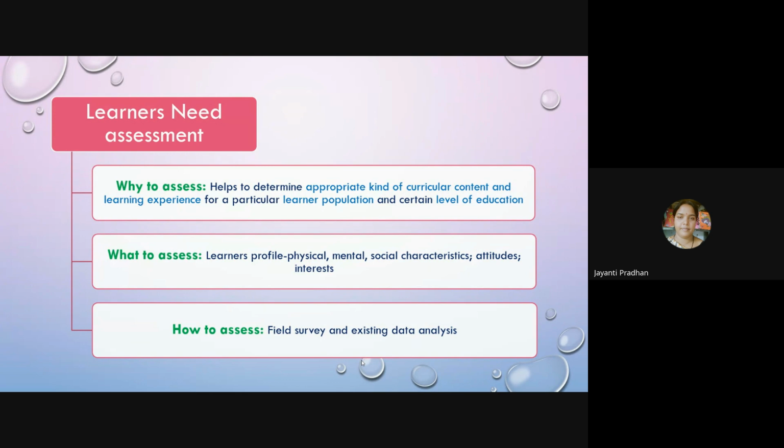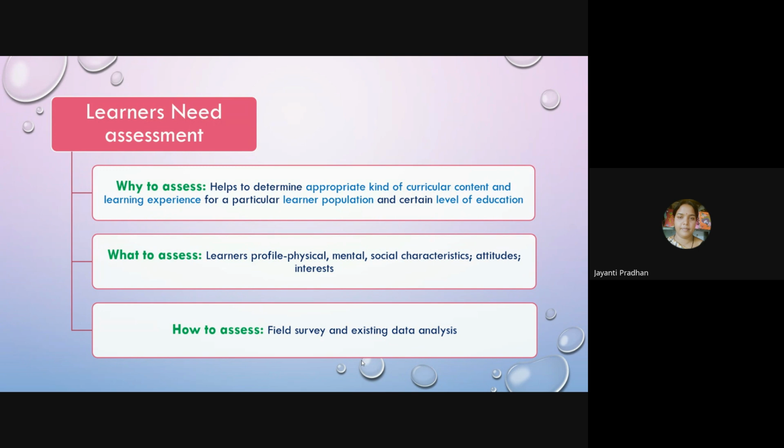Then what to assess? If we are going to assess the learners to select appropriate content, then what to assess? Specifically, we can say we should assess the profile, like physical, mental, and social characteristics.